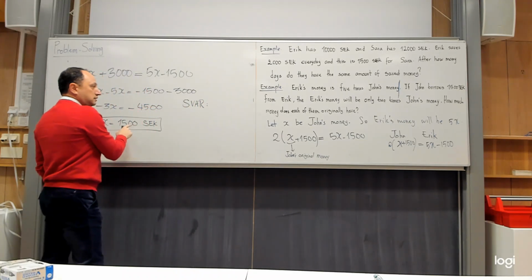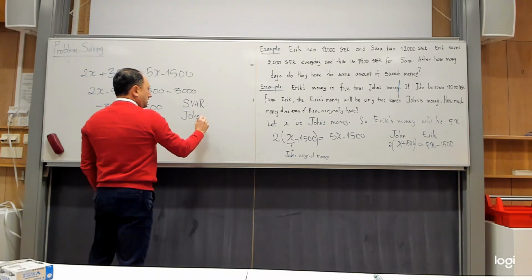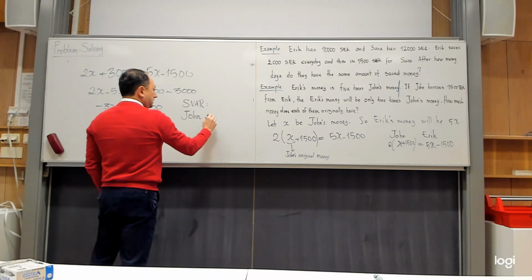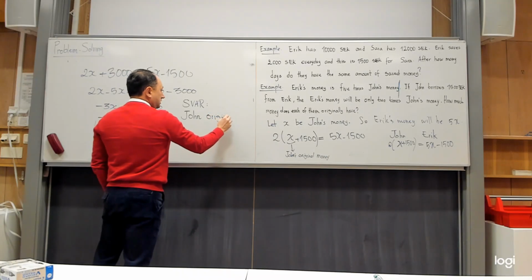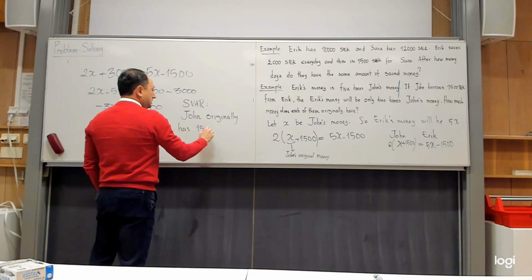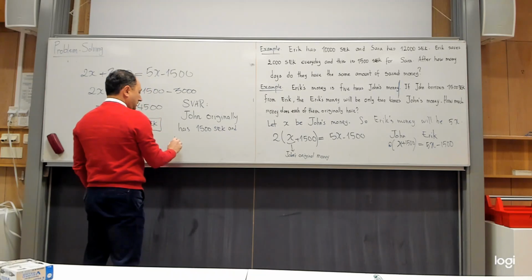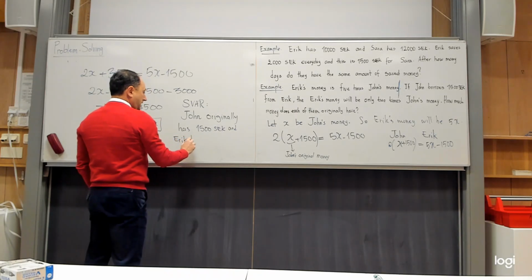This is John's money. John originally has 1,500 crowns, and Eric has how much?